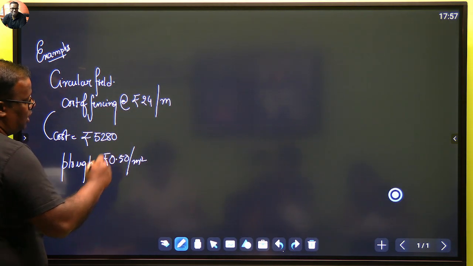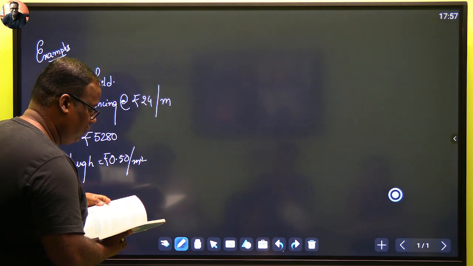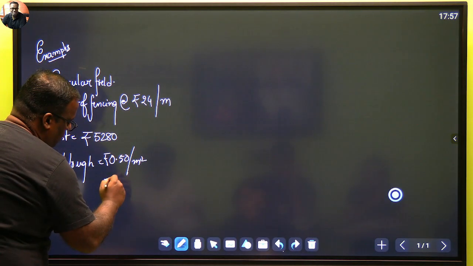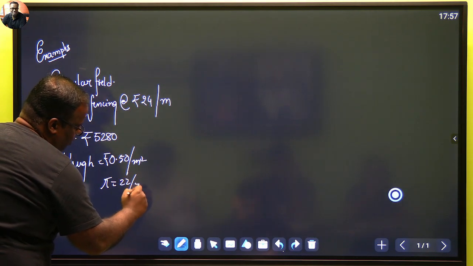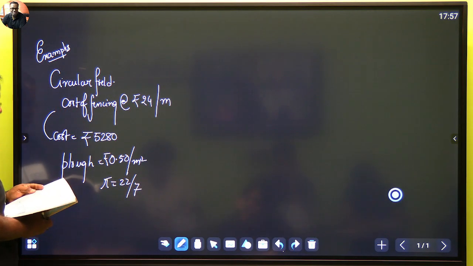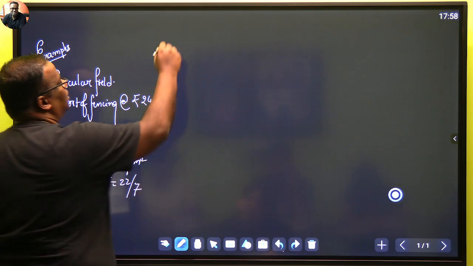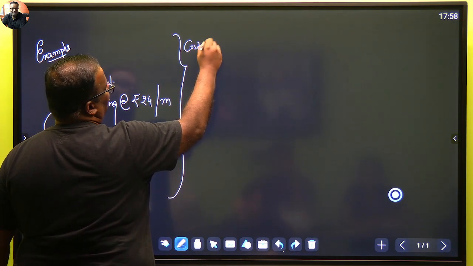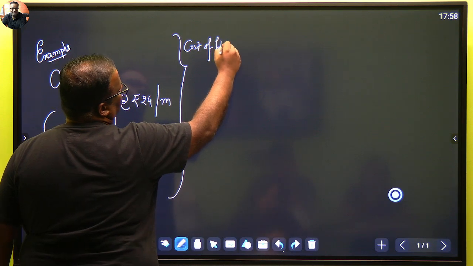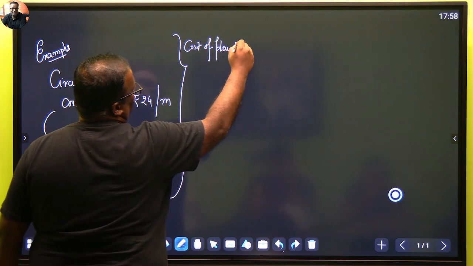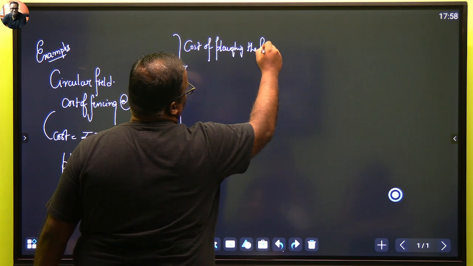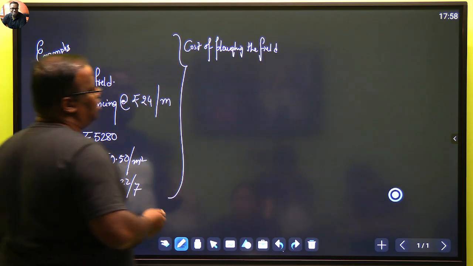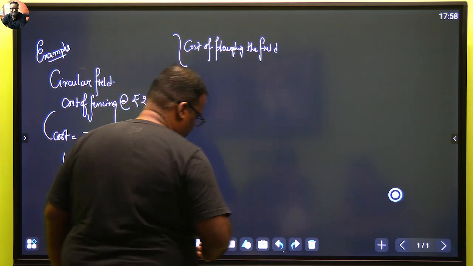I don't know which age labor rates are, but 50 paise per meter square they'll plow. And they have said that in this problem you use pi as 22 over 7. Find the cost of plowing the field. Obviously, you have the rate per meter square. Think about it.